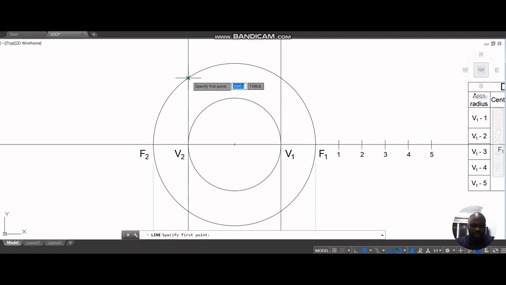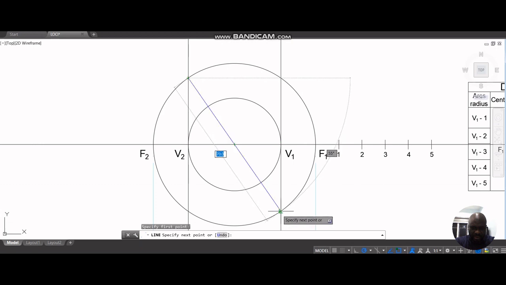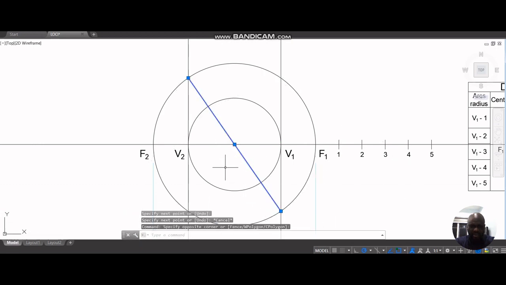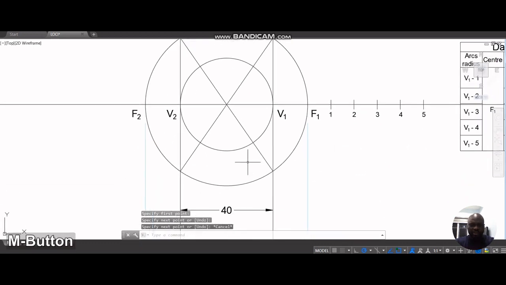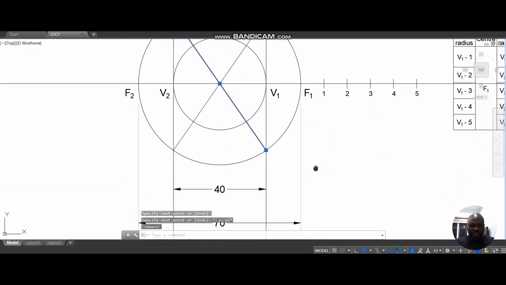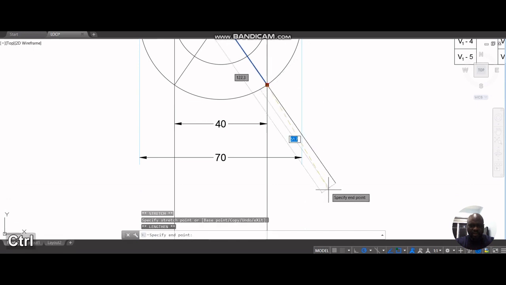This is what I mean. Across this point, passing through the middle to touch the other point is where the asymptote is going to be. Another one from this end to this end is the second asymptote. Now all we can do is to extend these lines.